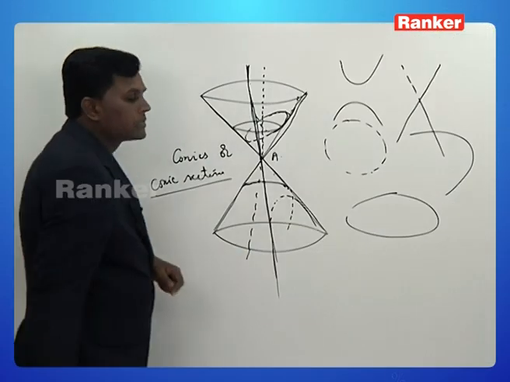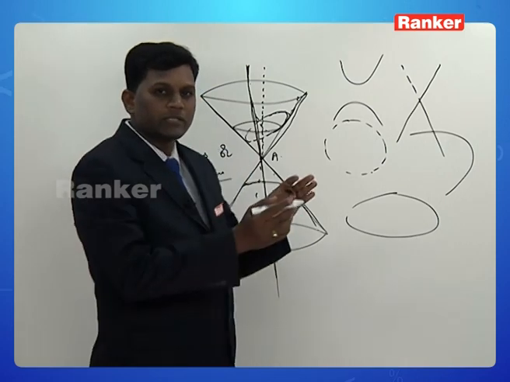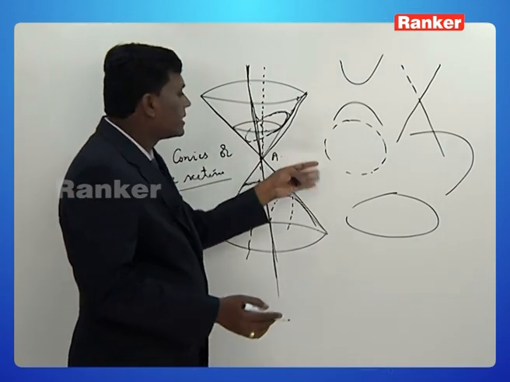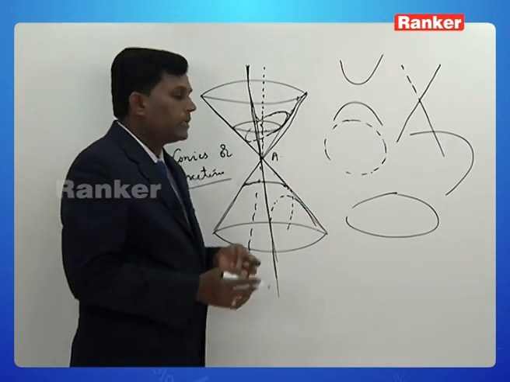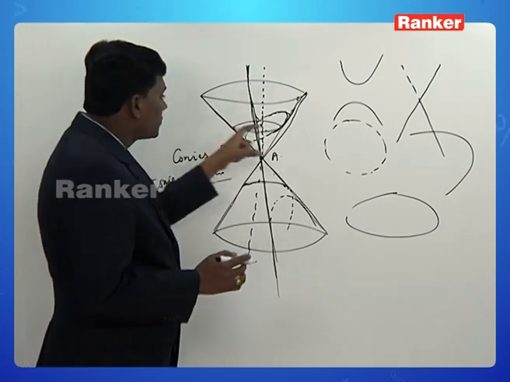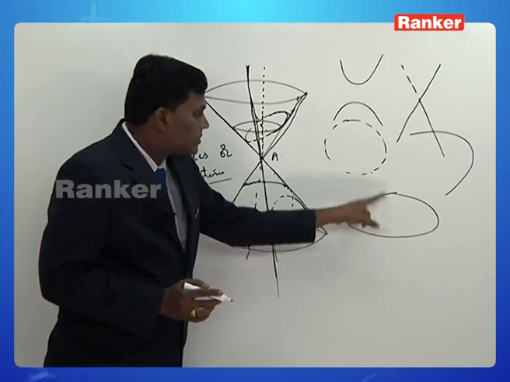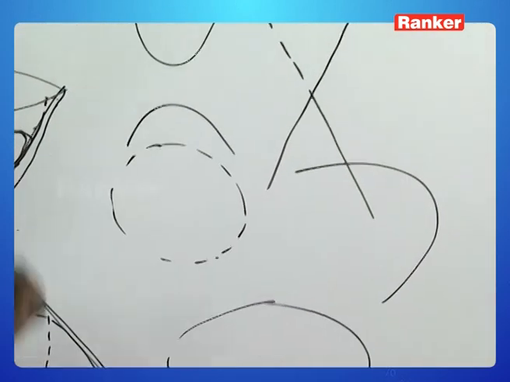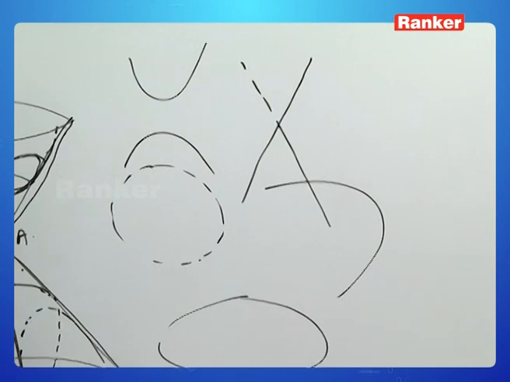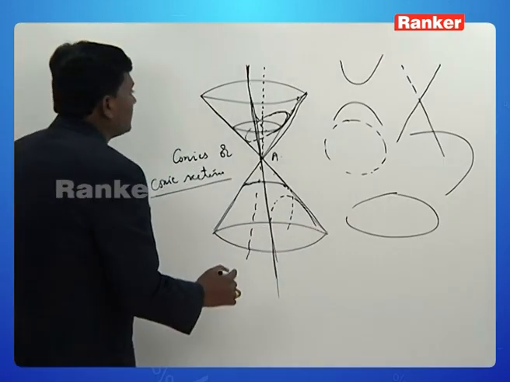We can analyze various conic sections in 2 different categories. Some of the conics like ellipse, circle, hyperbola, these 3 are treated as one type of conics.